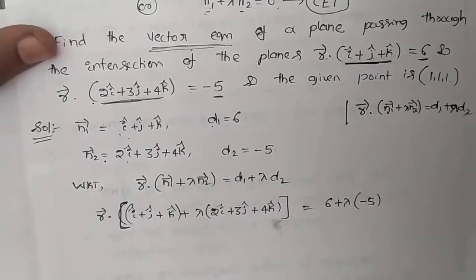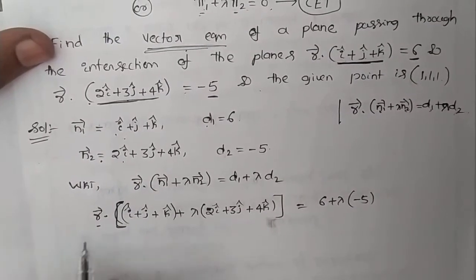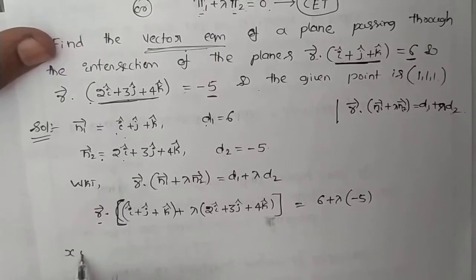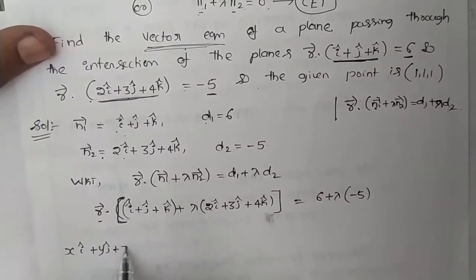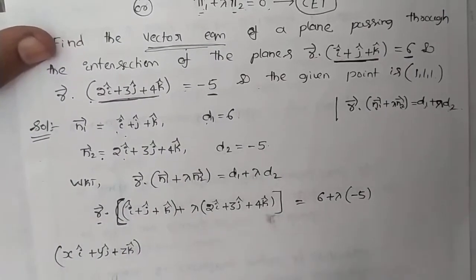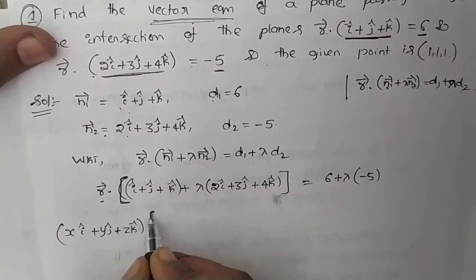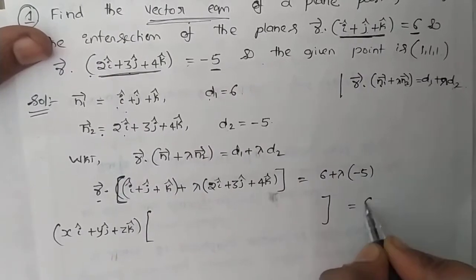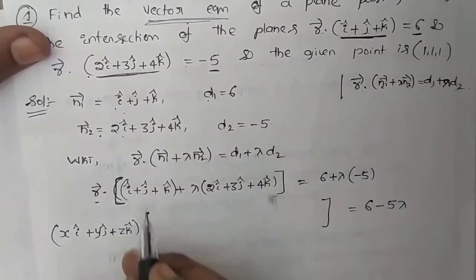Now let us simplify it. R vector is nothing but xi plus yj plus zk. It is not x1 y1 z1, it is x y z. On the right hand side, 6 plus lambda times -5 is 6 minus 5 lambda.